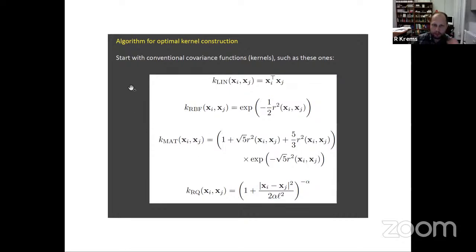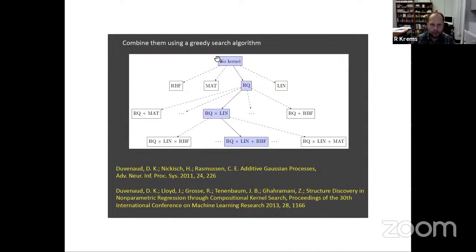This is the algorithm. We're going to start with an ensemble of traditional kernels like this one, and then combine them to form products and linear combinations. I'm going to use a search tree algorithm, which starts with each one of those 4 kernels, labeled RBF, Matern, rational quadratic, and linear kernel.